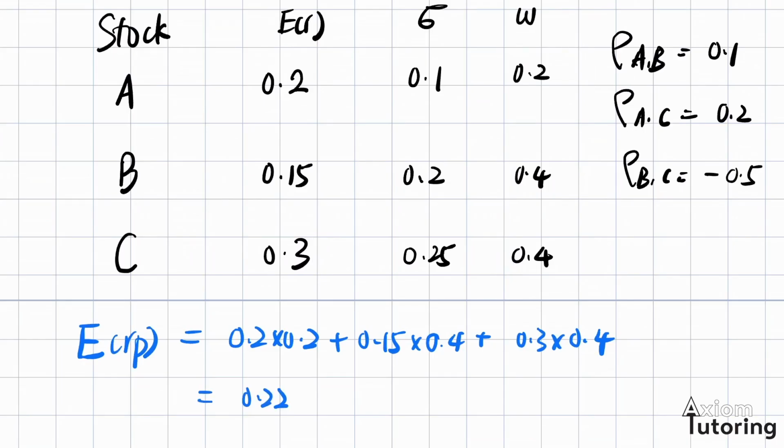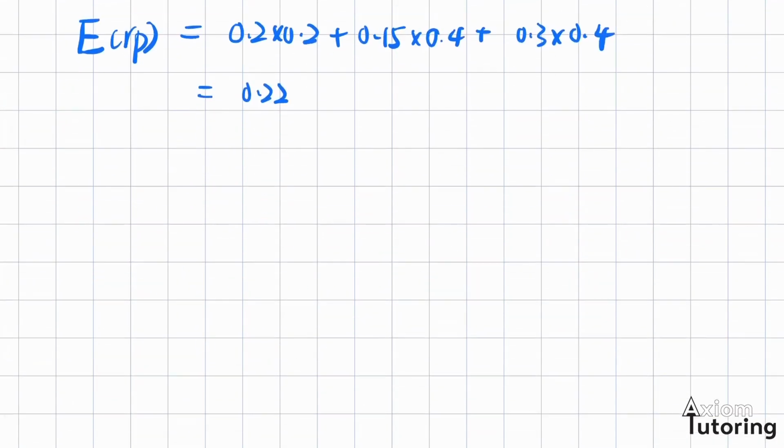But what about the risk for the portfolio? Whenever you have more than 2 stocks, it is advised to draw the variance covariance matrix. So I have the columns and the rows. I have RA, RB, and RC here in the columns and in the rows.